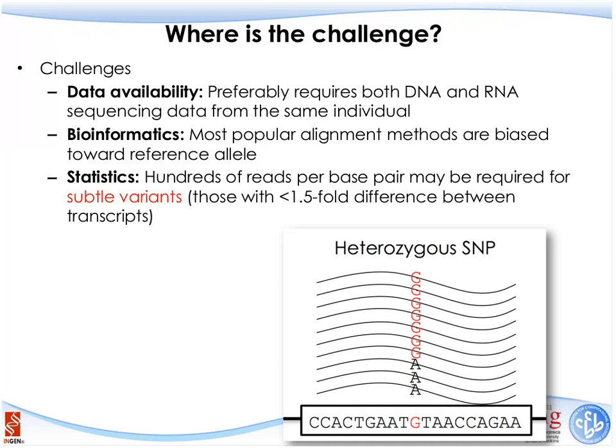Coming back to the second point, which is the informatics part: most popular alignment algorithms are biased towards the reference alleles. This is no big deal for DNA sequencing analysis. When people try to identify genetic variants, it's either homozygous reference, heterozygous, or homozygous alternative.